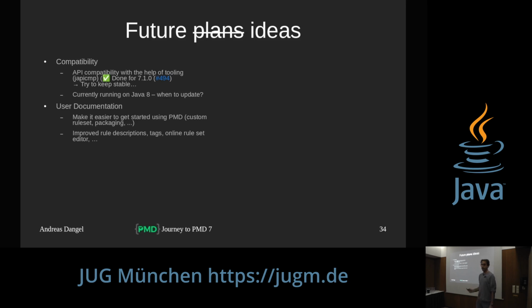I've also mentioned packaging here. Currently we have one big package which supports everything that PMD can, but usually you only need, for example, for Java projects, only Java. You don't need the other languages. We could do this a bit differently.